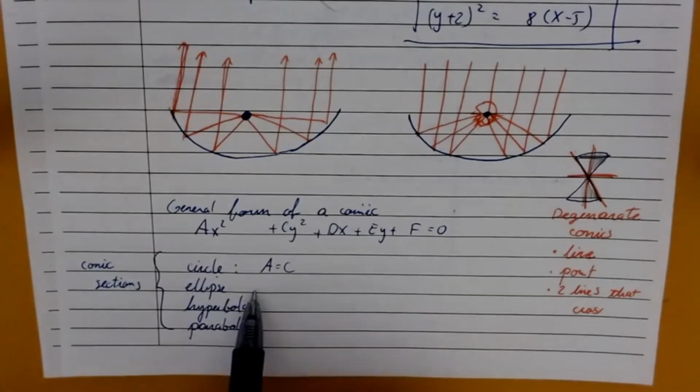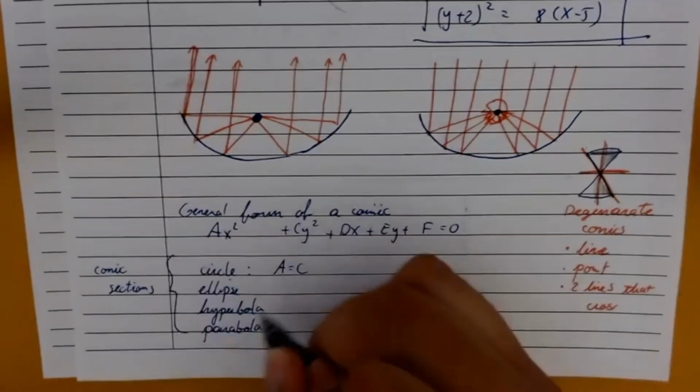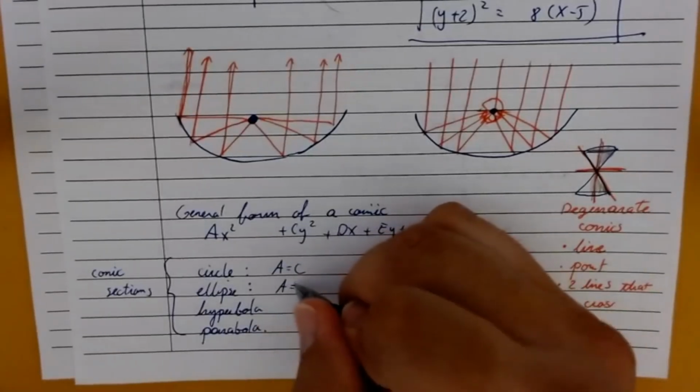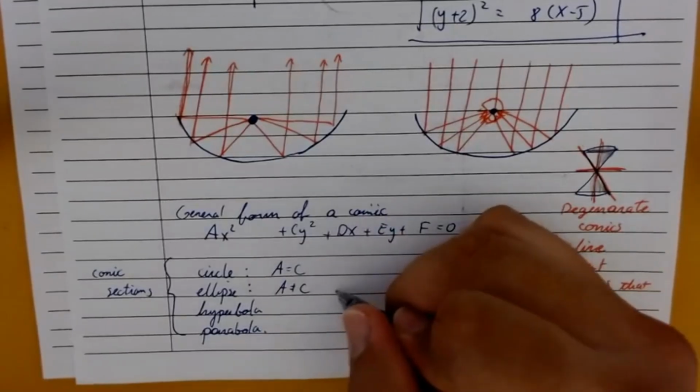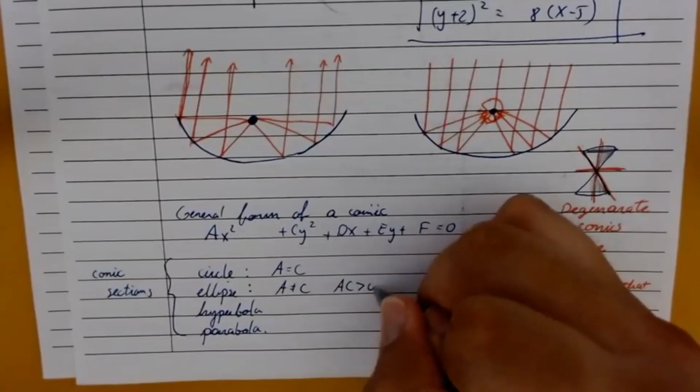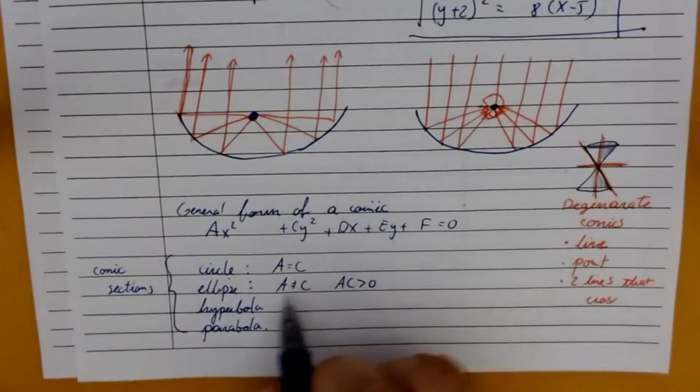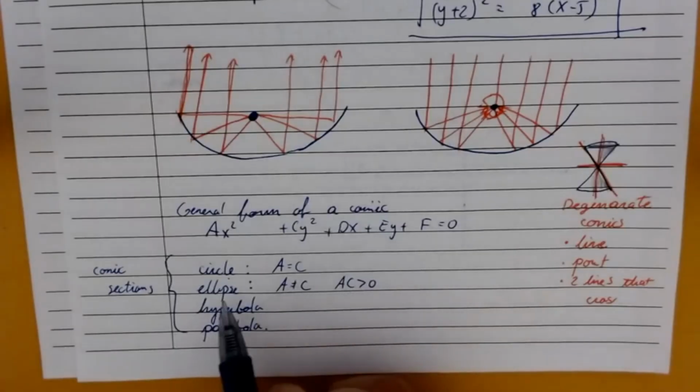Now, if they're not equal to each other, then there are a few possibilities. The first one is they're not equal to each other, but their product is positive. Then you end up with an ellipse.